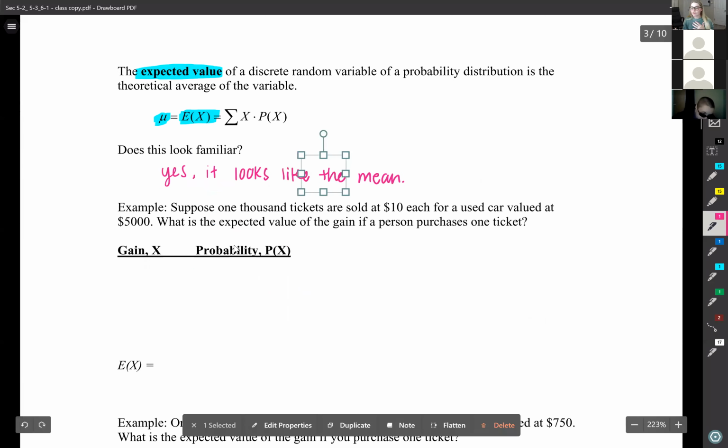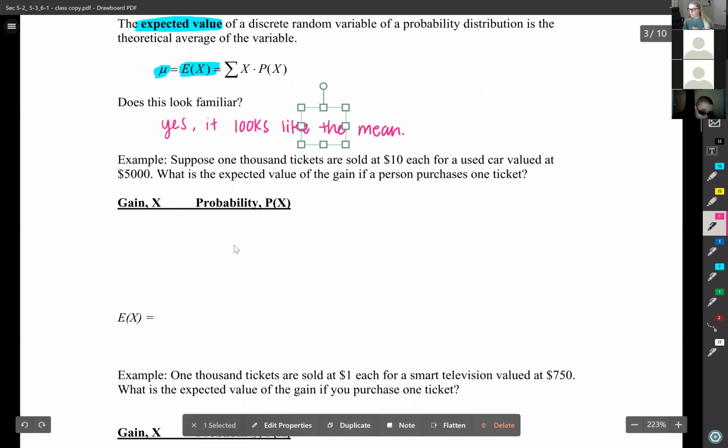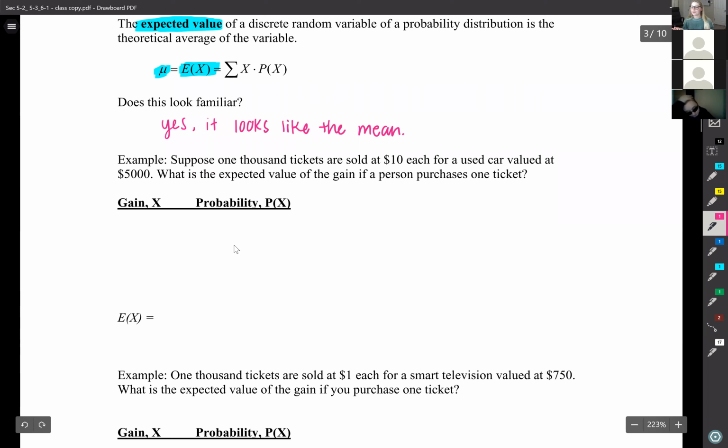Because it's great to know how to calculate it, but if you don't really know what expected value is or what it tells you, then it's not really useful. So let's see why it is useful when we talk about gambling or betting or stuff like that. So this first example that we're going to do says, suppose 1,000 tickets are sold at $10 each for a used car valued at $5,000.